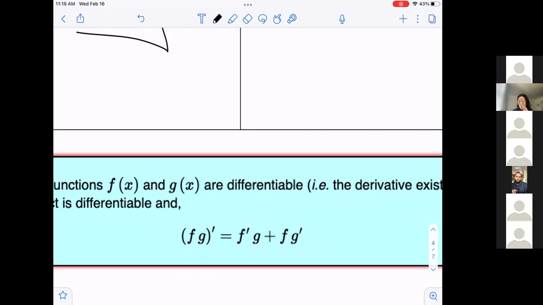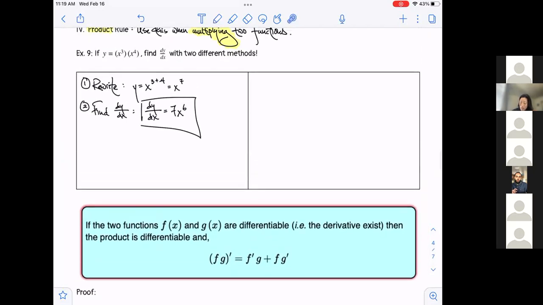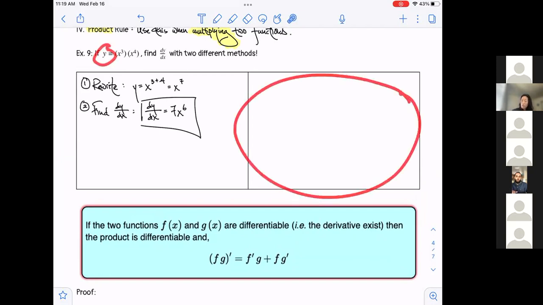Okay. Now, this gentleman, Paul, does his F and G notation. Some people call the functions U and V only because sometimes we already use F here. That's it. Okay. So the work that I'm going to show here is going to have the letters U and V, but they're going to be like this F and G. Okay.